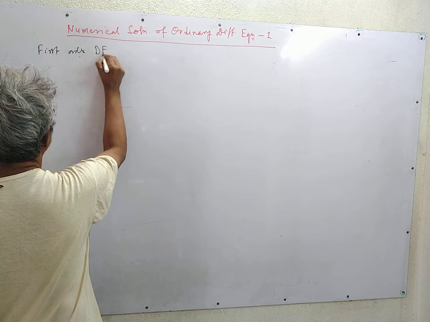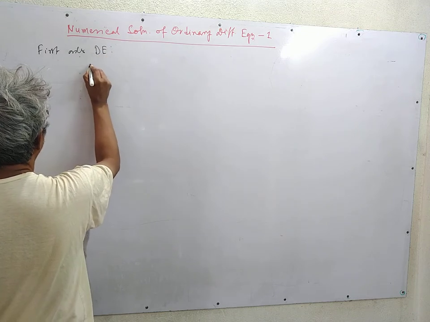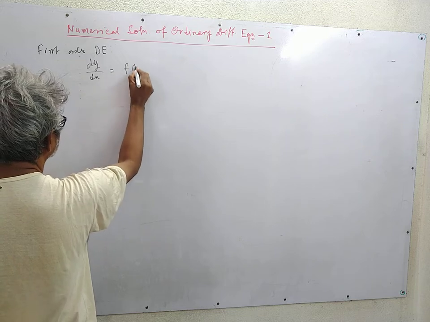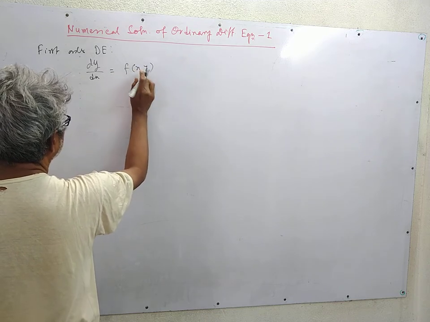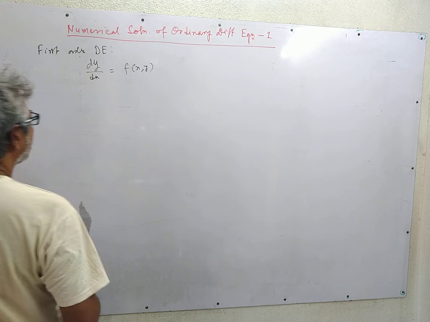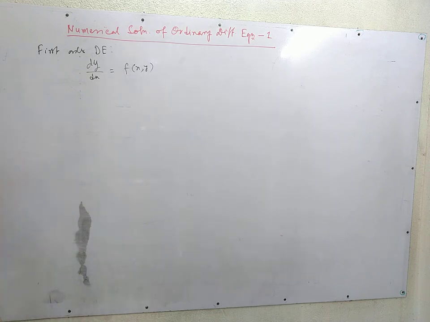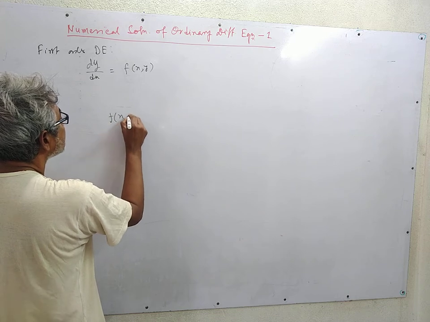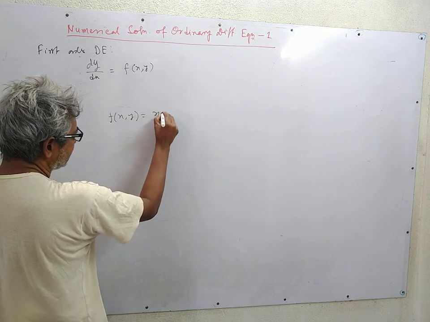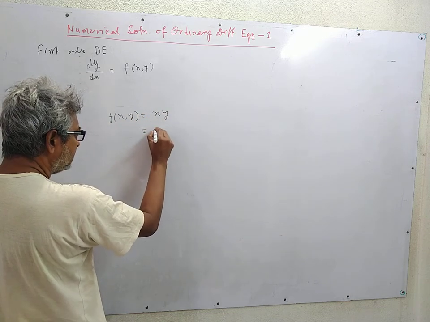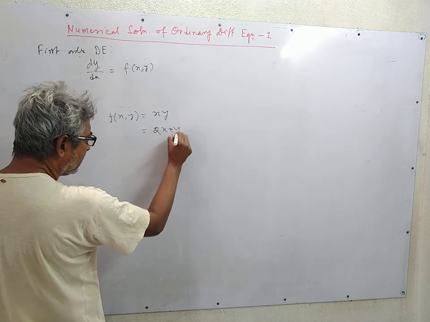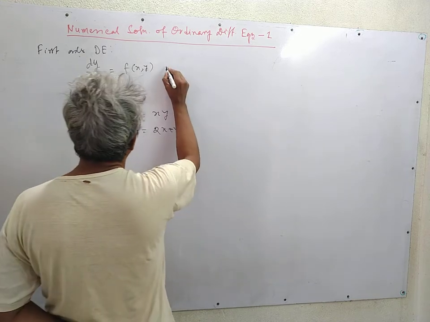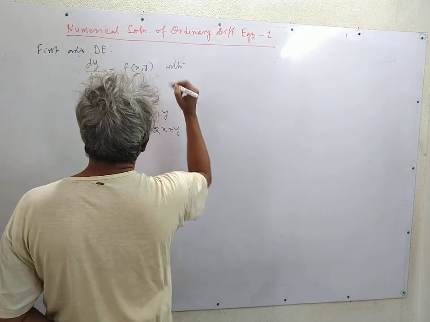A general first order differential equation is dy/dx equals a function of x and y. For example, f of x,y could be x times y, or it could be 2x plus y, etc. And we are provided with a boundary condition.